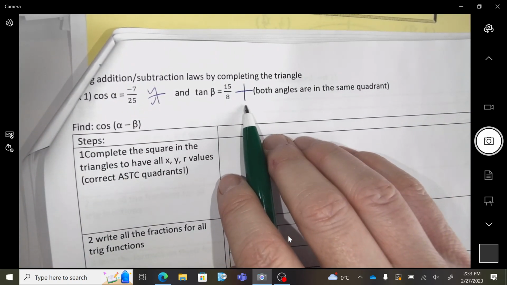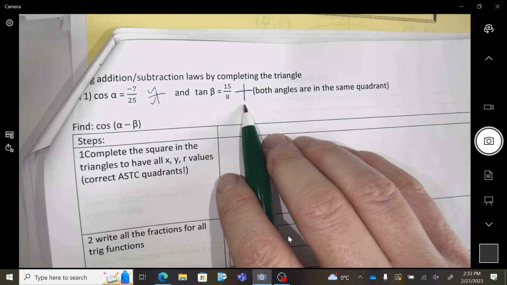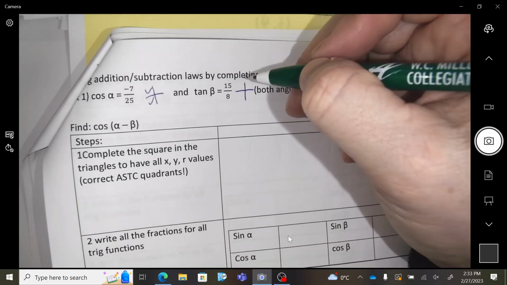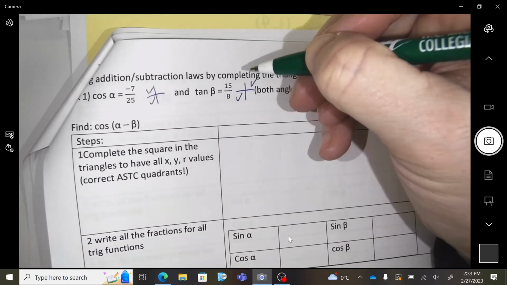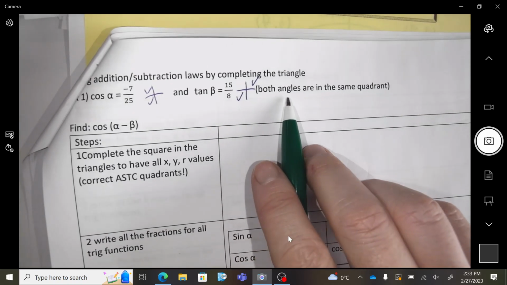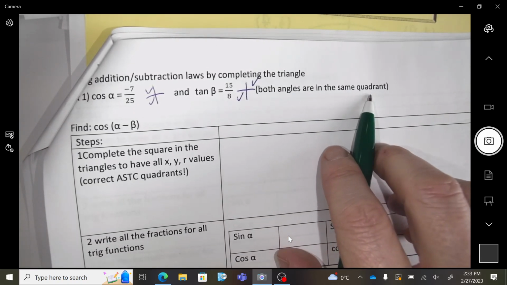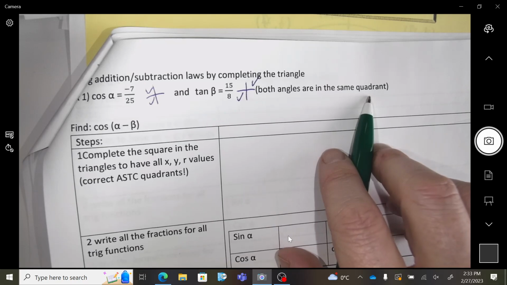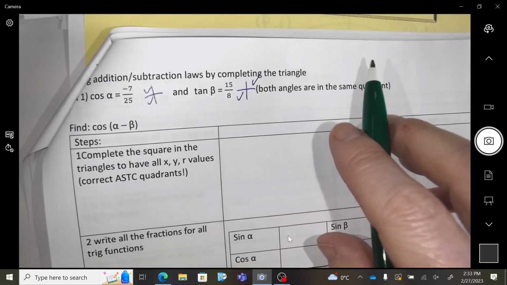Angle B has a positive tan, so where could I put angle B? Now, both of these angles are in the same quadrant. So which quadrant should I end up picking altogether?